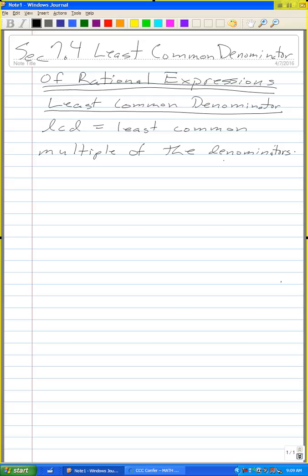So you would find the least common denominator by just looking at the least common multiple of the denominators in each of the rational expressions.